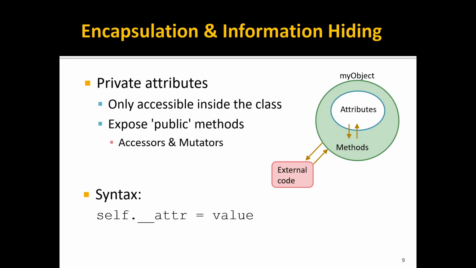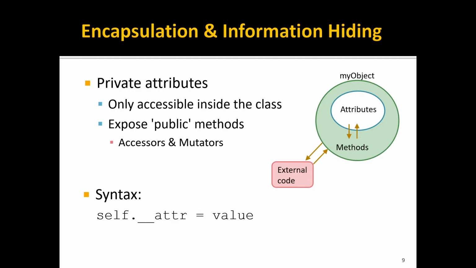So what's normally done to provide an interface for external code to use those attributes is 2 common types of methods known as getters and setters, or more formally, accessors and mutators. So these allow for read and write operations on those private attributes, but they control allowed values and they don't expose the attributes themselves.